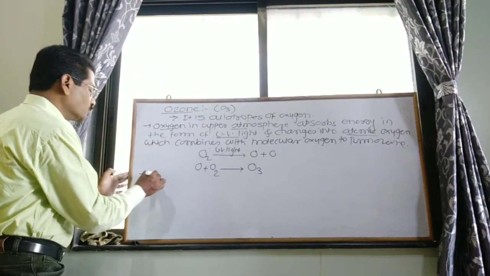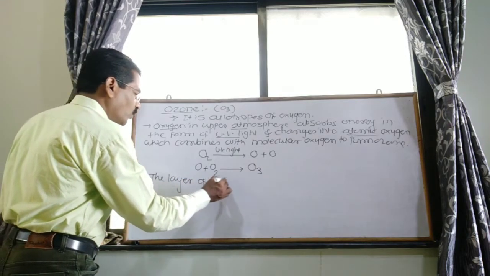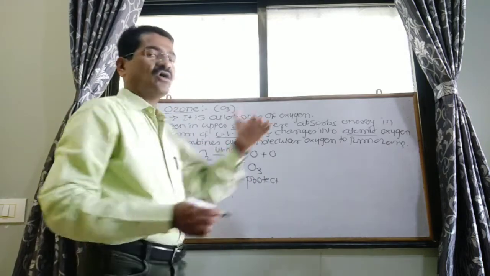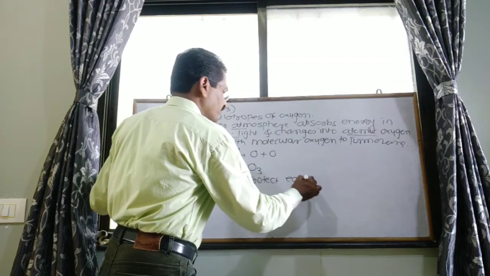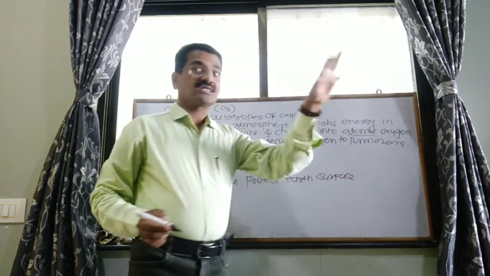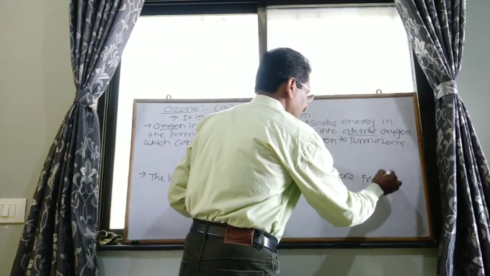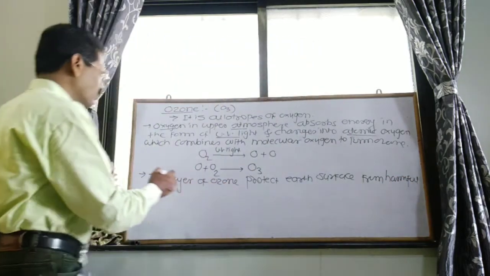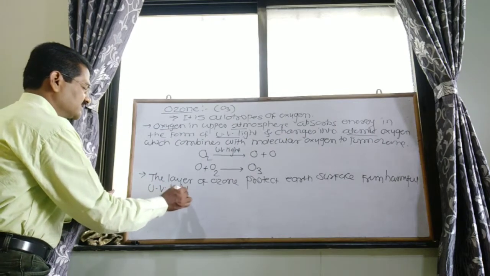The layer of ozone protects the Earth's surface from harmful UV lights.